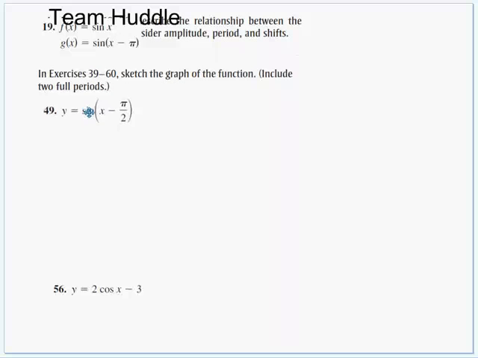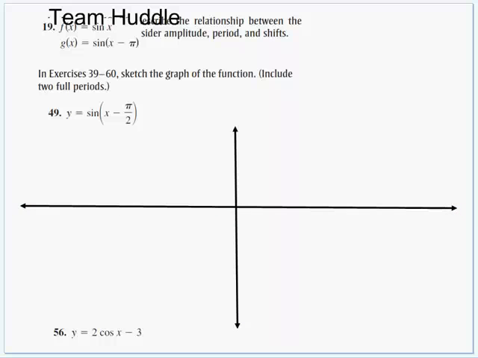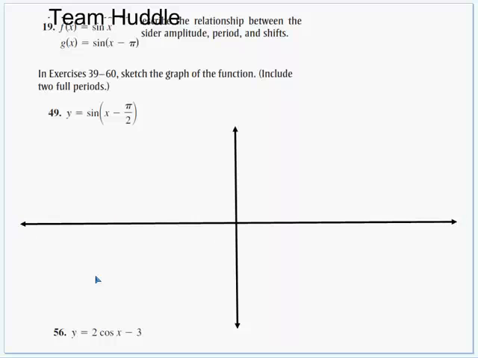Now we're going to do a little sketching. So let me draw some axes here, right in the middle. So our first function is sine of quantity x minus pi over 2 radians.